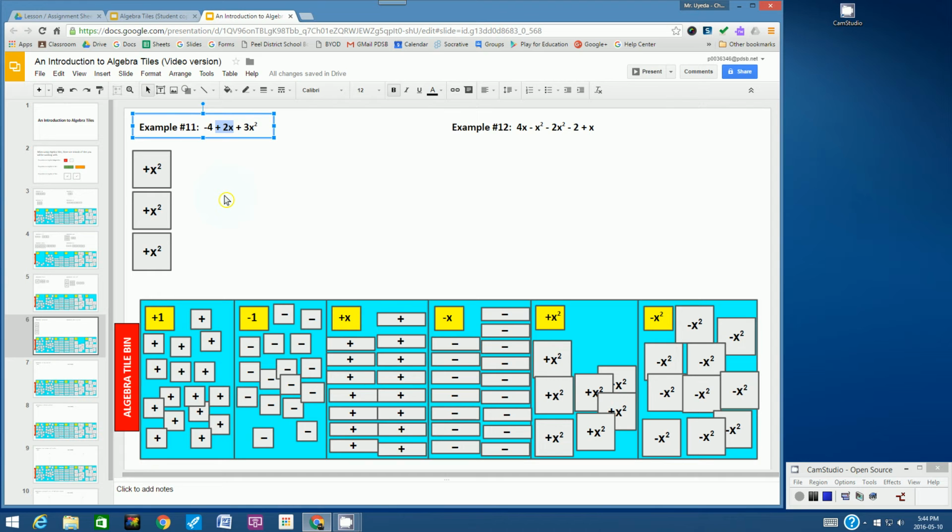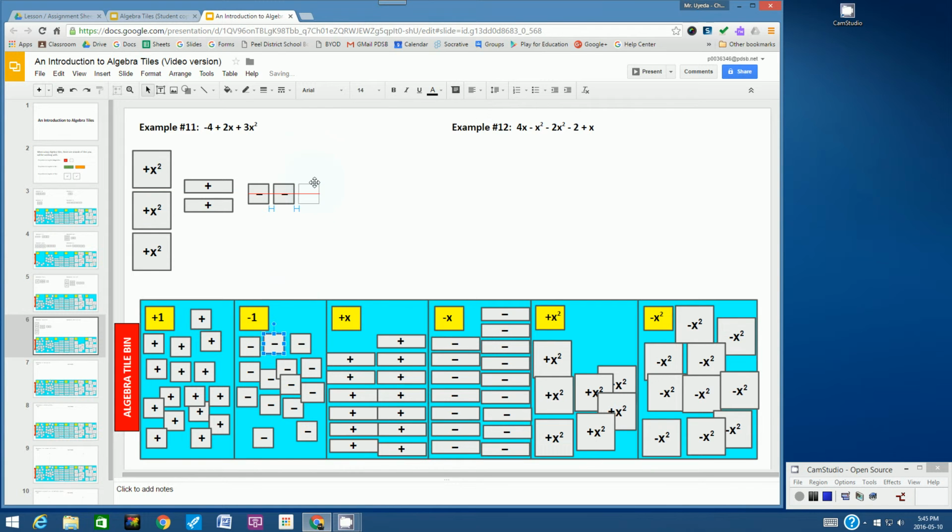So I have positive 2x. Okay. And then I'll look for any integers. So I have a negative 4. Okay. Again, we have our x squareds first, our x's, and then our integers, always from left to right.